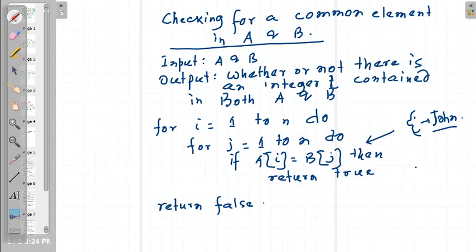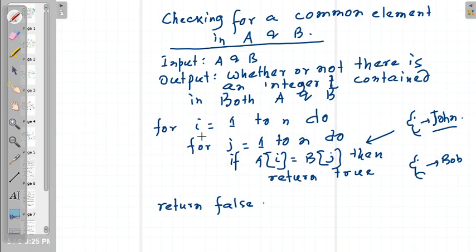His brother Bob is a little scared about this asymptotic analysis, so he's a little disappointed. John has asked you to analyze this: what will be the time complexity? Bob is a little confused, but I guess you are not confused. You know how to do this, right?